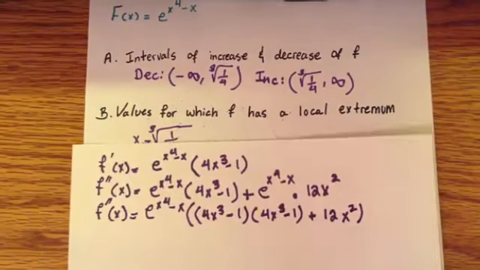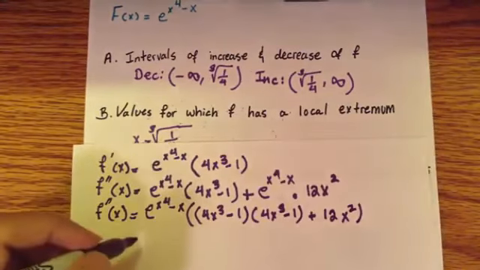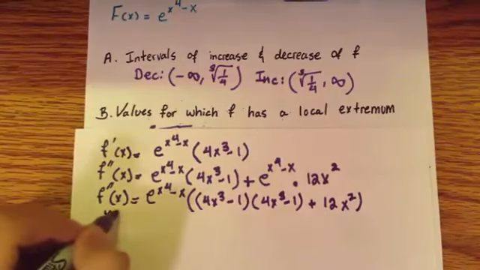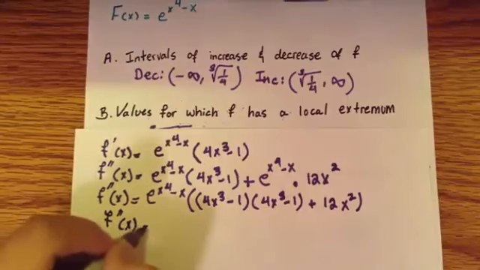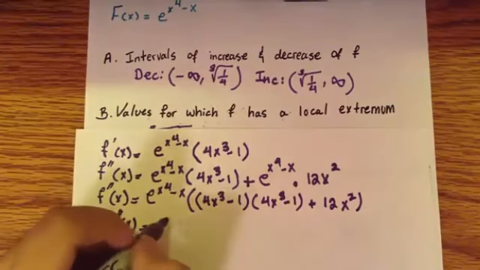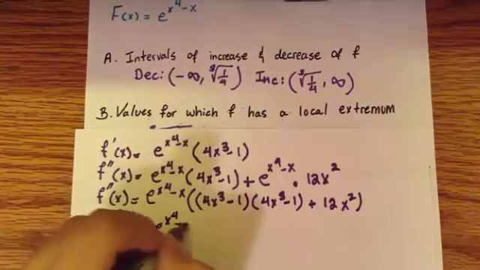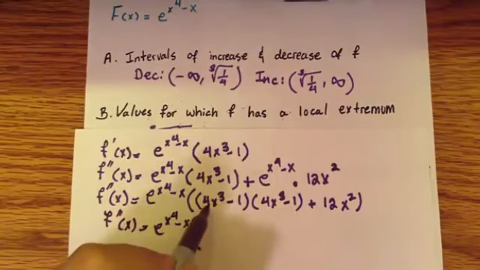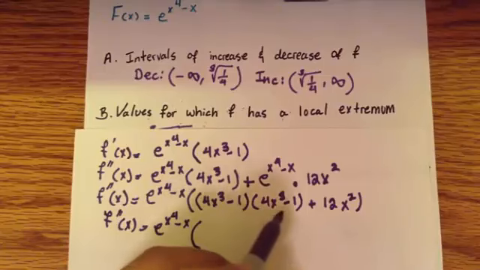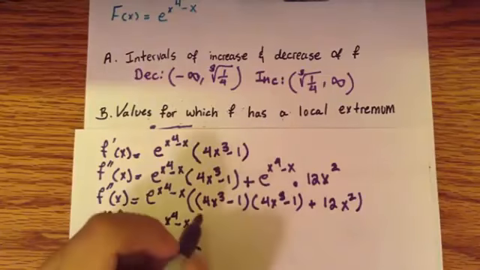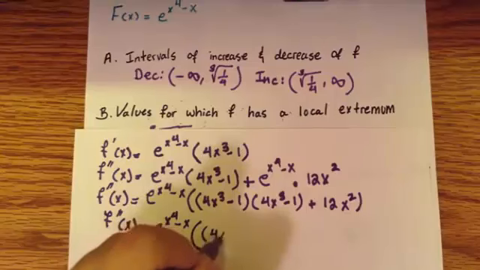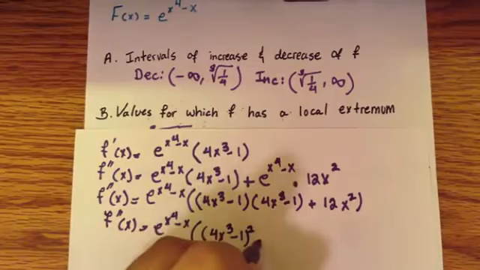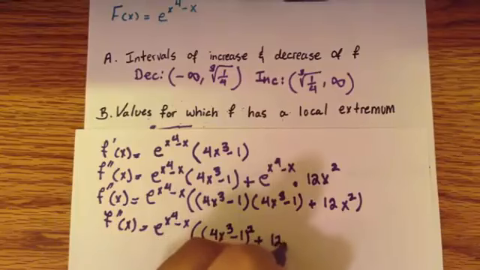From here let's combine things together. We have e to the power of x to the fourth minus x times 4x cubed minus 1 times 4x cubed minus 1, so this turns out to be 4x cubed minus 1 squared, plus 12x squared.